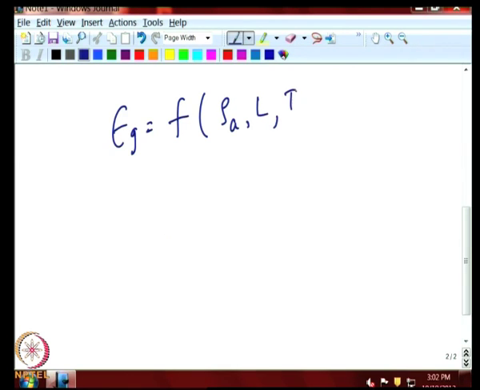It will depend on gas temperature, and it depends upon the exact vibration rotation line structure, which you might say as B by D, being line width by line spacing.